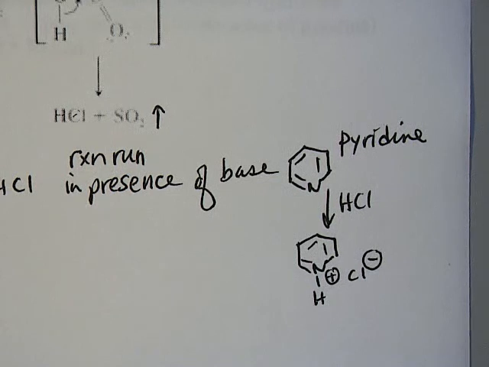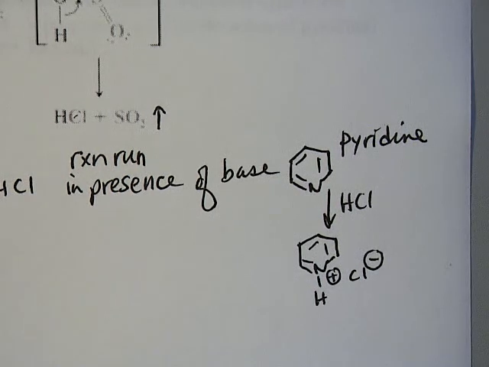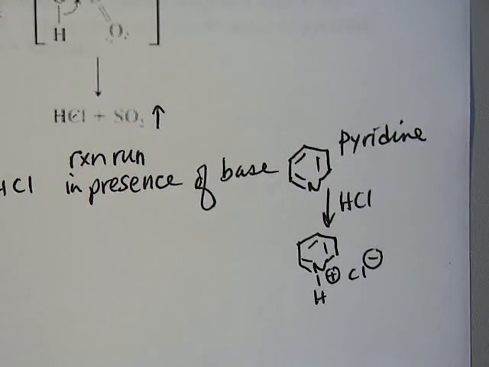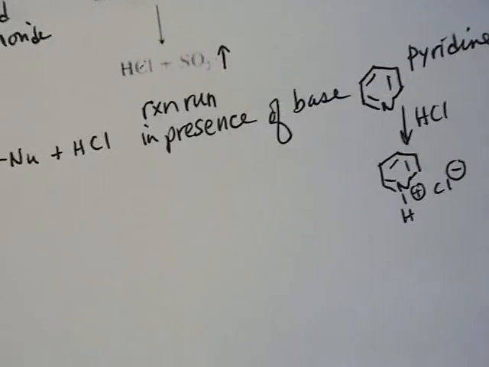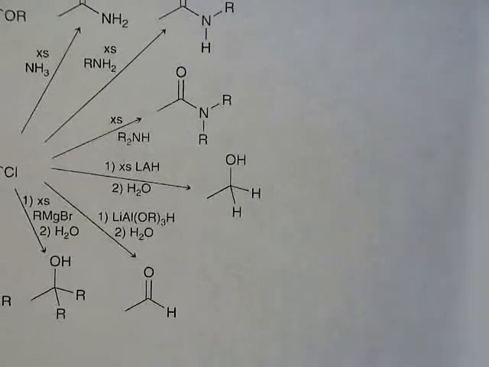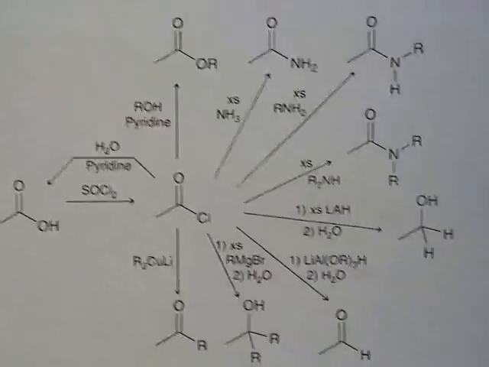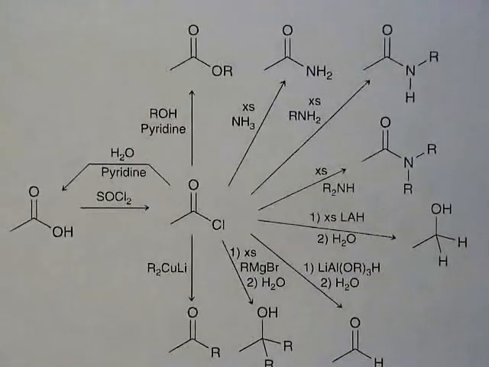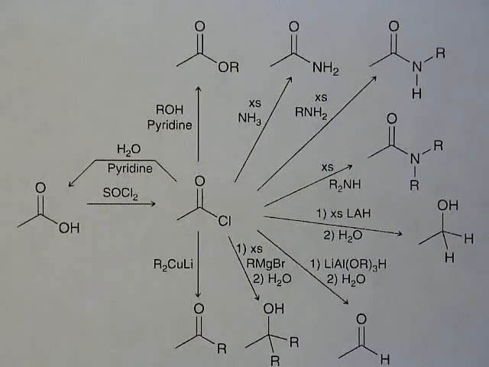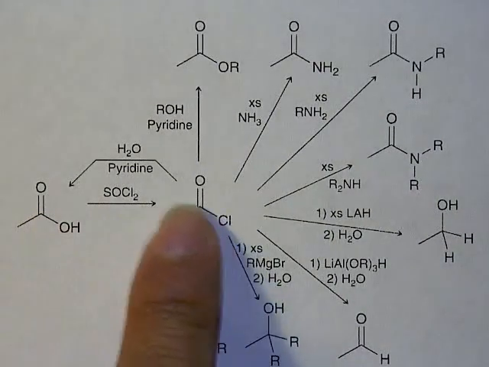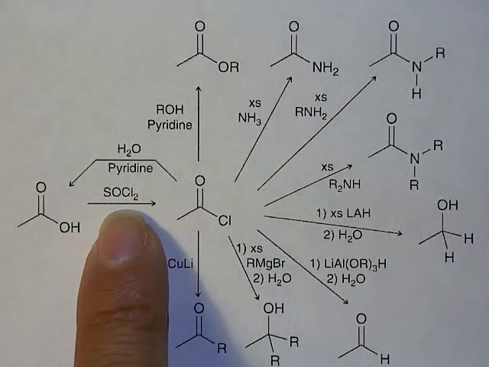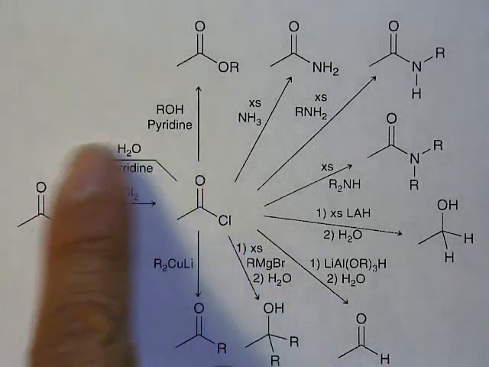All right. So I'm not going to write out all the reactions, but basically, if you go to the next page, I copied and pasted all the different nucleophiles that you could have. So notice the making of the acid chloride with thionyl chloride. But you could go back.